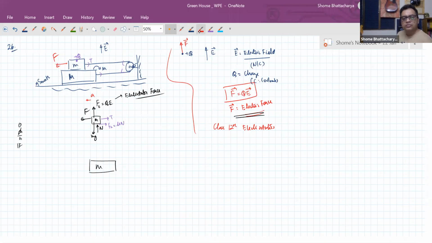Okay. So on this one, what all forces are acting? There is tension. Okay, don't need to worry about the vertical forces so much. So N prime, but this friction, the equal and opposite friction is there here like this.